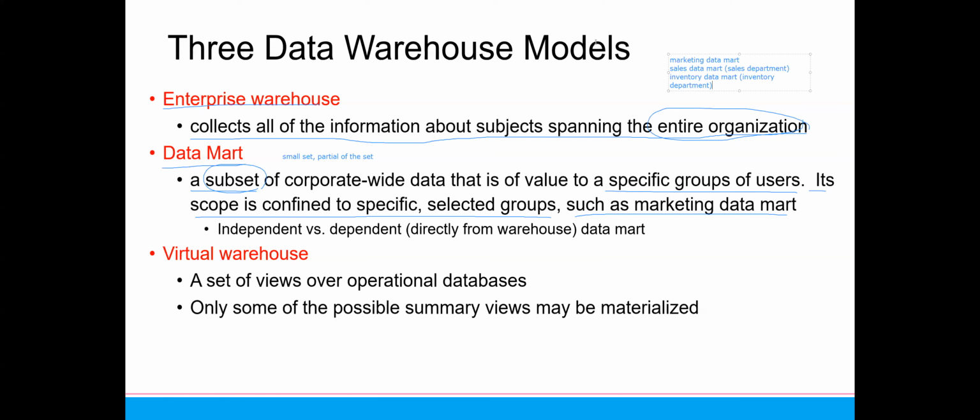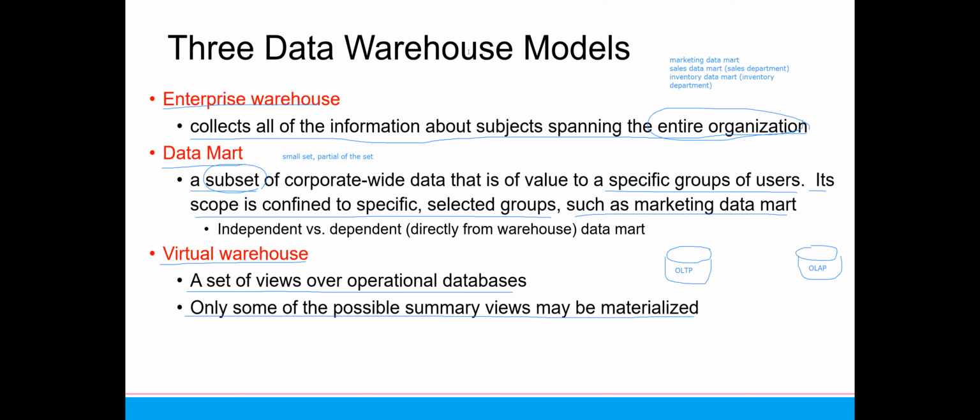We have the virtual warehouse. Virtual warehouse means a set of views over operational database. Only some of the possible summary views may be materialized. So you already know that OLTP and OLAP, it is good if you split them.